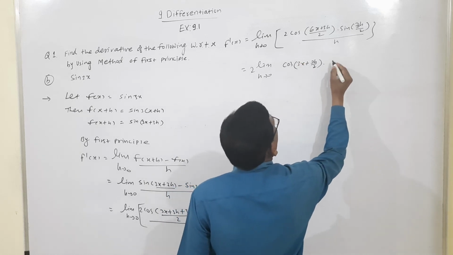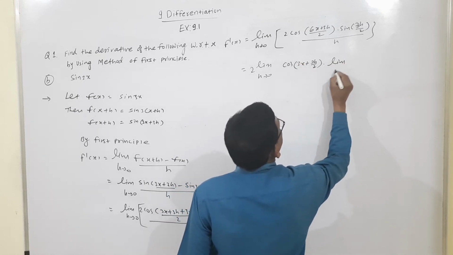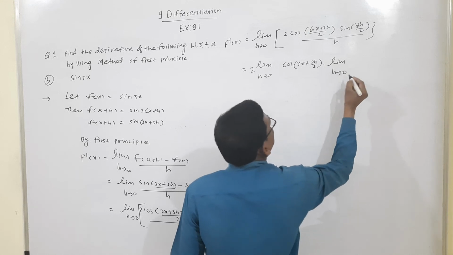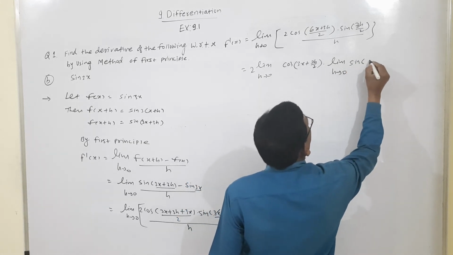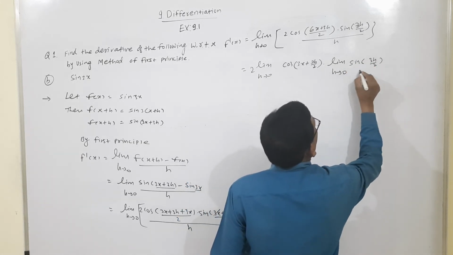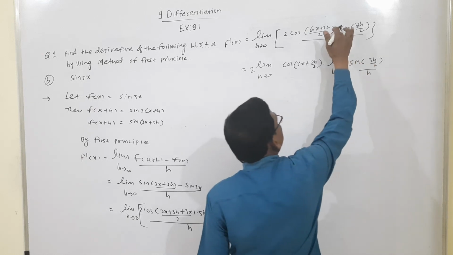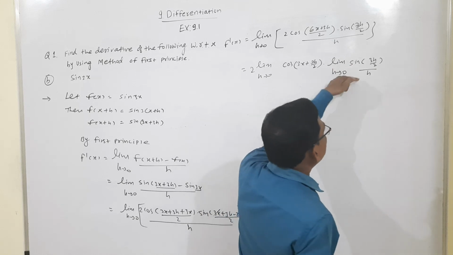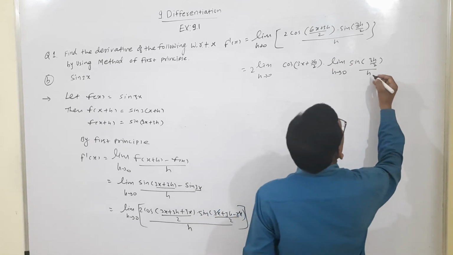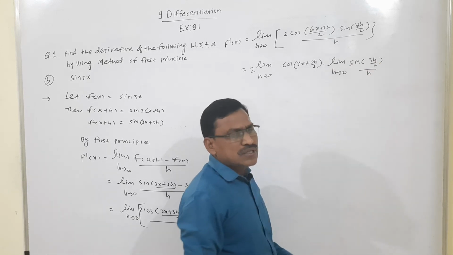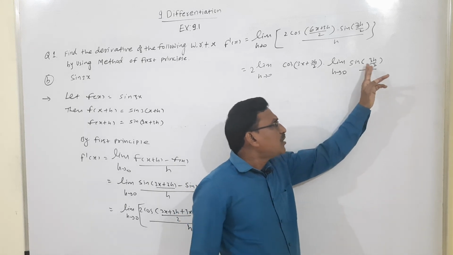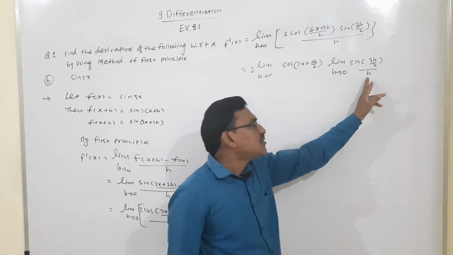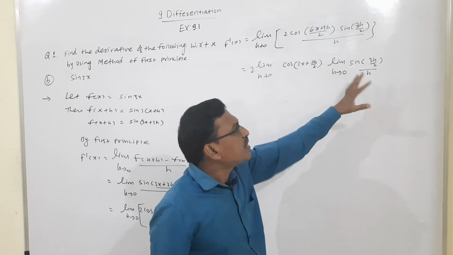Into, take the limit separately for each function, limit of sine of 3h by 2 upon h. Due to this multiplication sign, we take this h in the denominator with the sine function. Since the angle of the sine is 3h by 2, we adjust the denominator to 3h by 2.